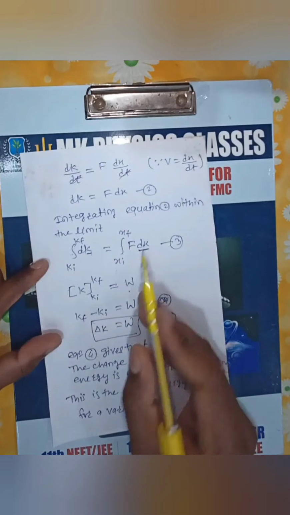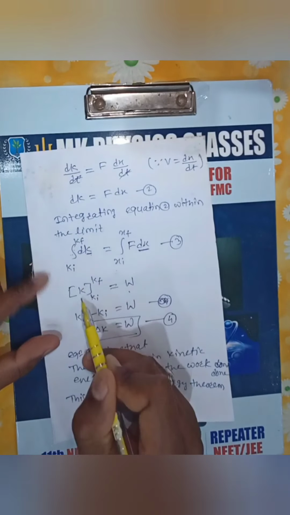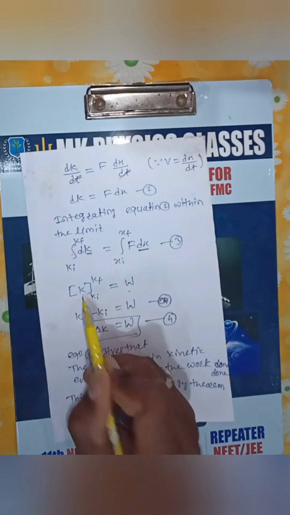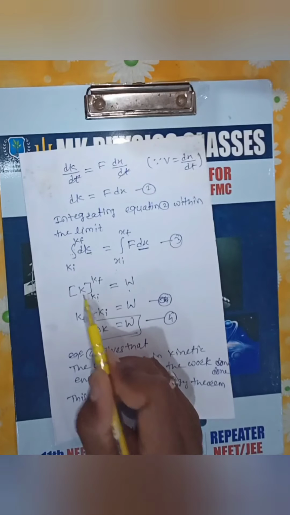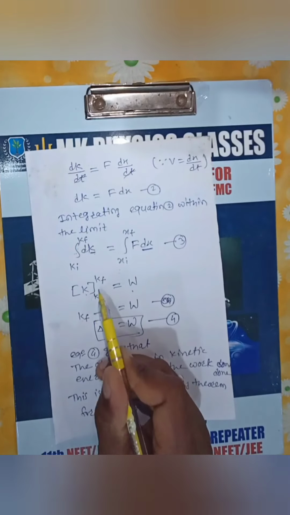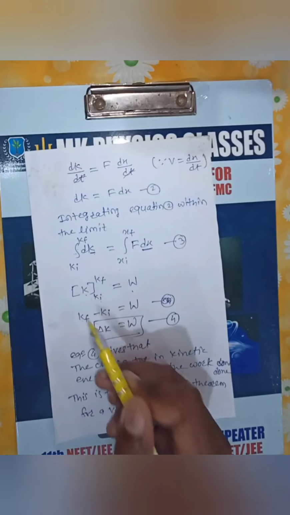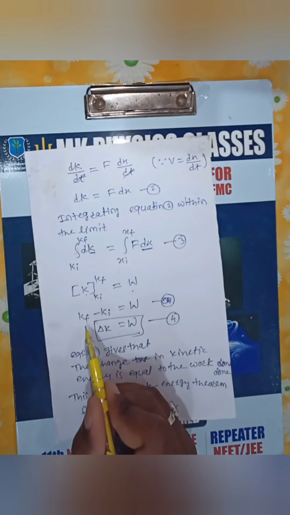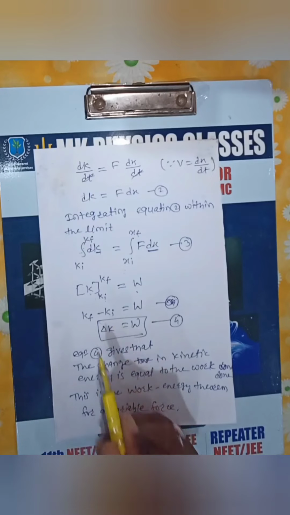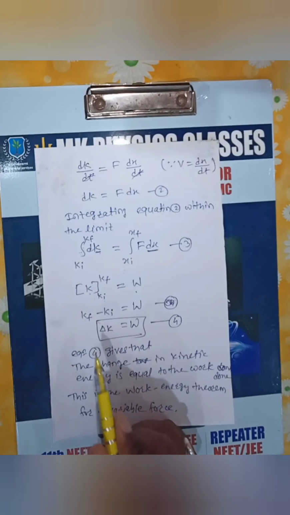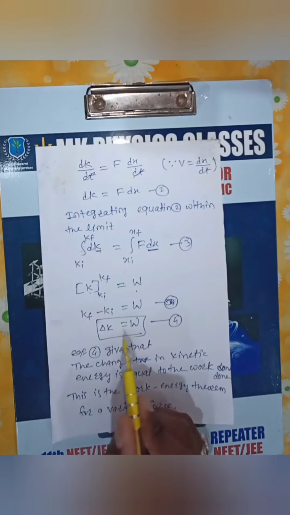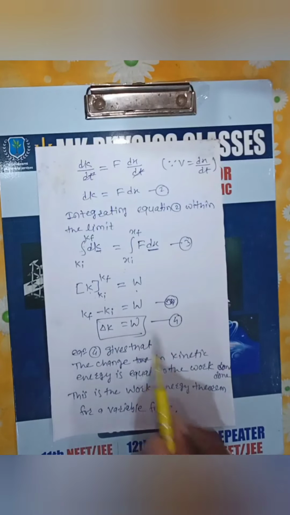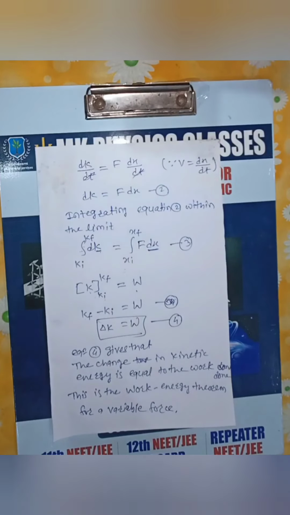Integration and differentiation cancel, only kinetic energy remains, with lower limit Ki and upper limit Kf. Upper limit minus lower limit, Kf minus Ki, is equal to work done. The final kinetic energy minus the initial kinetic energy is the change in kinetic energy. The change in kinetic energy is equal to work done. This equation 4 is known as the work energy theorem for a variable force.